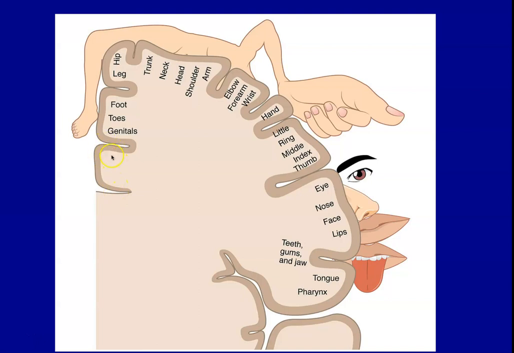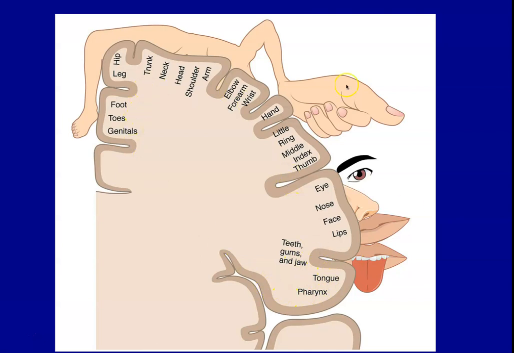It's highly organized. Here you see, in terms of sensation coming in from the body to be processed by the brain, the genitals, the toes, the hip, up into the head, shoulder, arm, elbow, forearm, wrist. Here's the hand. And there's your fingers. Look at your fingers and your hand. They take up a big old chunk. And then the eye, nose, face, and lips take up a pretty good chunk too. Teeth, gums, and jaw, and so on.